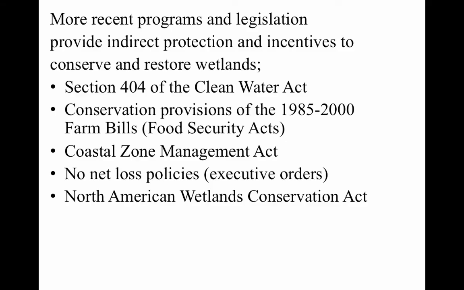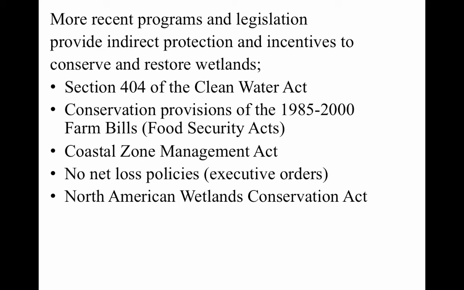More recent programs and legislation provide indirect protection incentives, and some of the examples here would be the Clean Water Act, trying to restore some wetlands, and the Food Security Acts of 1985 to 2000. Farm bills come up pretty often, and sometimes these farm bills are just enormous with a lot of details in them.